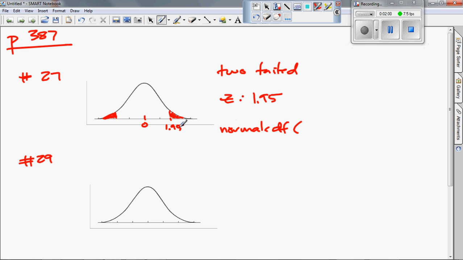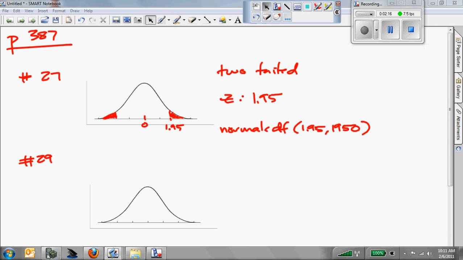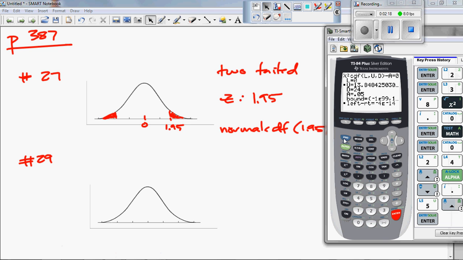Normal CDF. The left boundary for this area is going to be 1.95. We're going to use 1,950 for the right boundary. We do not need to enter the mean or the standard deviation since it's the standard normal distribution. Second, vars, normal CDF.